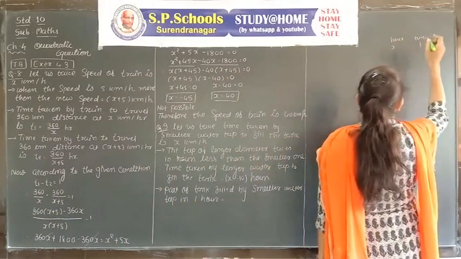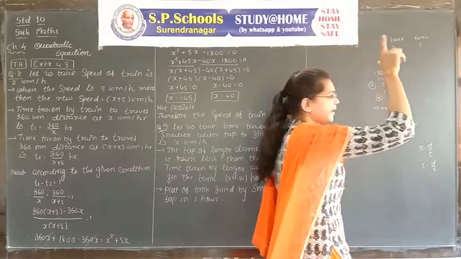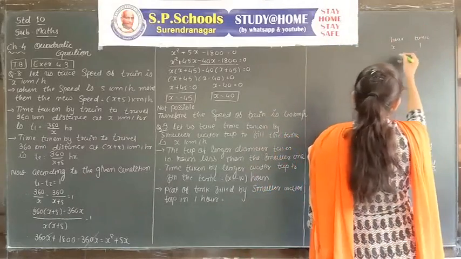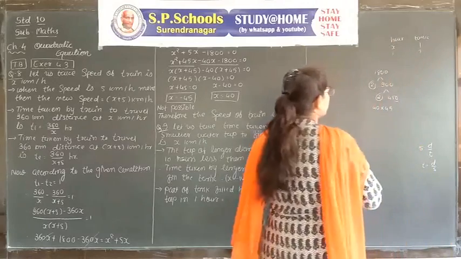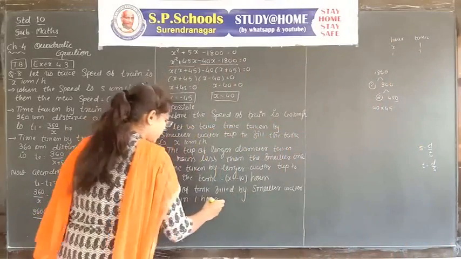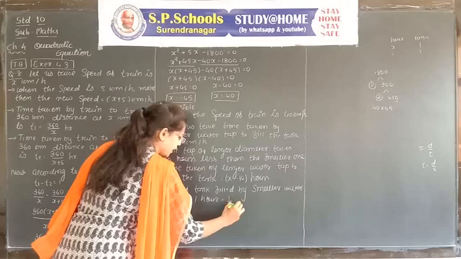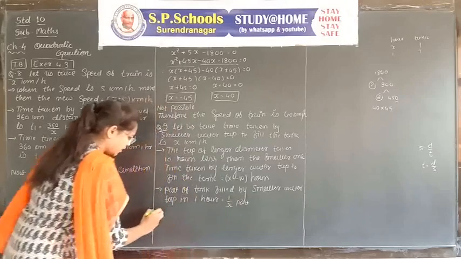Complete means 100% full work done by the tap is the full complete tank, but in 1 hour the tank filled by the smaller water tap is 1 upon x part.